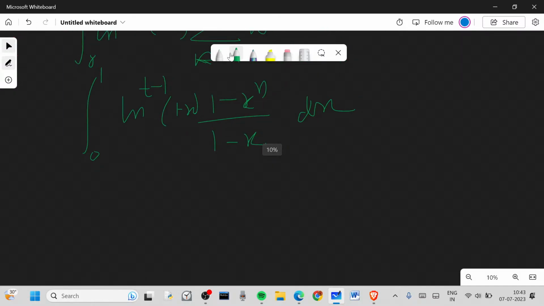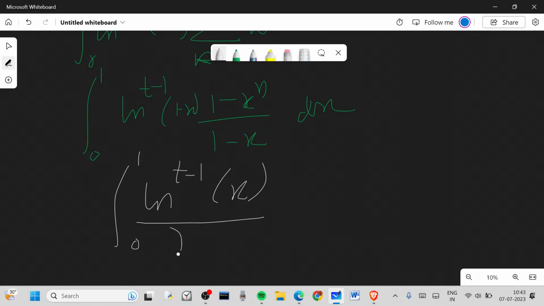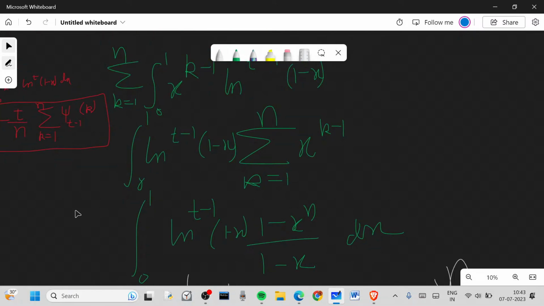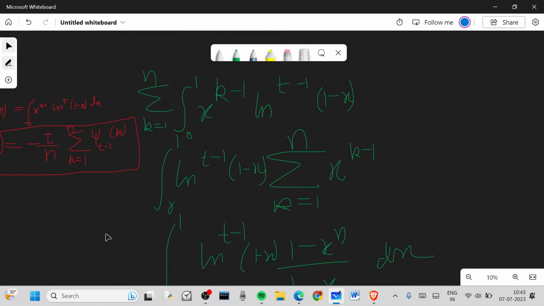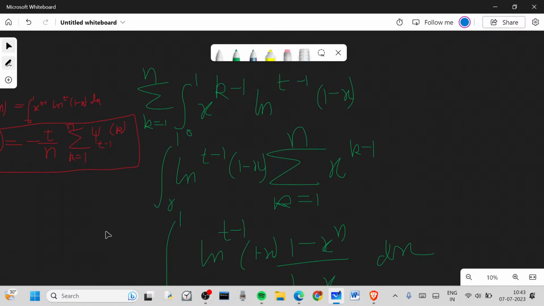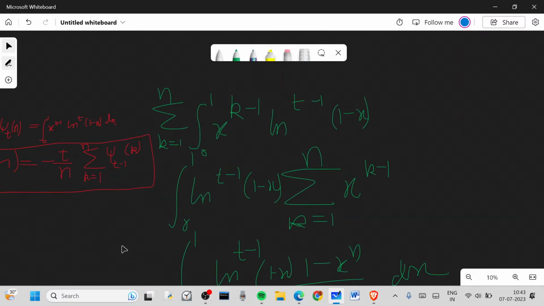Now again using King's property, we are definitely going along the same lines we did for psi 1 and psi 2. Ln t minus 1 x by x times 1 minus 1 minus x to the power n. Oh, you know what?